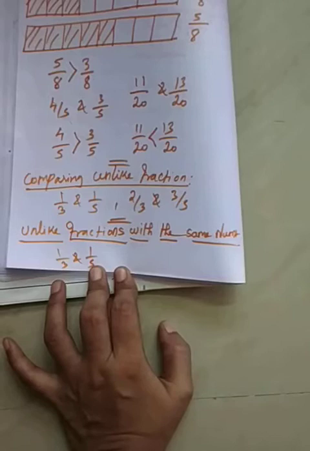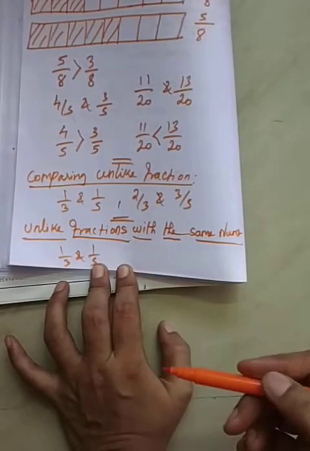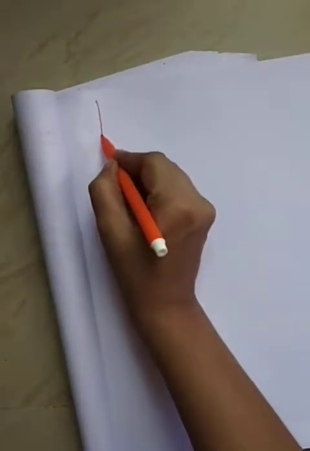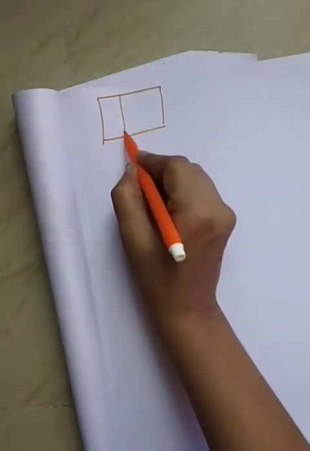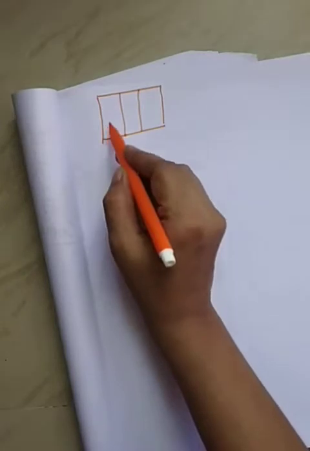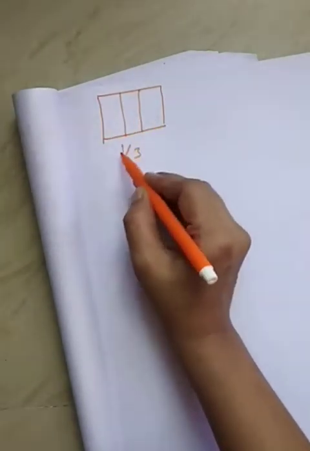Okay. Now which one is greater? 1 by 3 or 1 by 5? See the diagram. One, two, three. Okay, 1 by 3. See, totally 3, numerator 1.